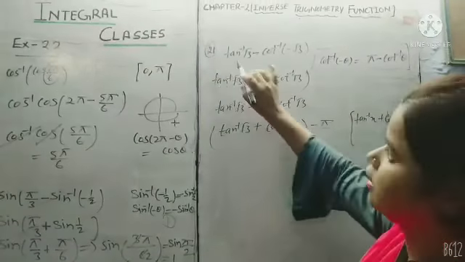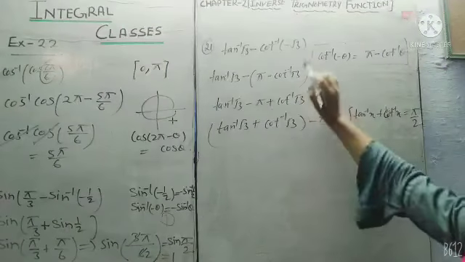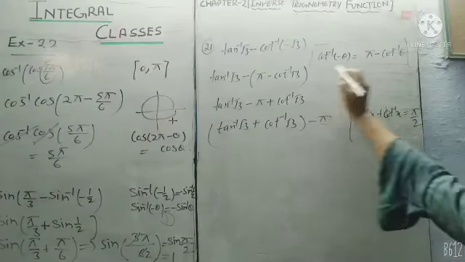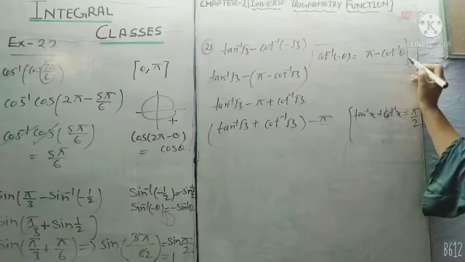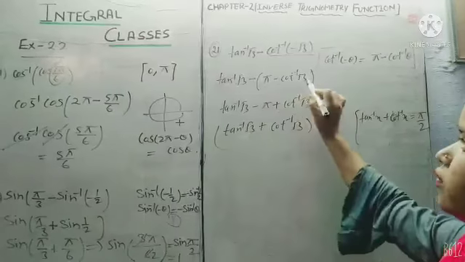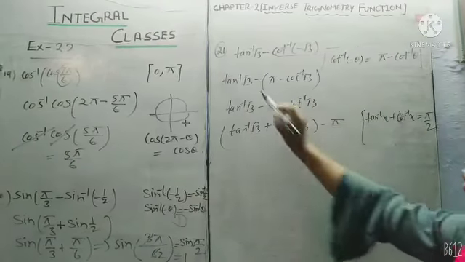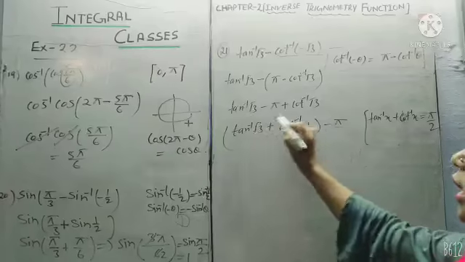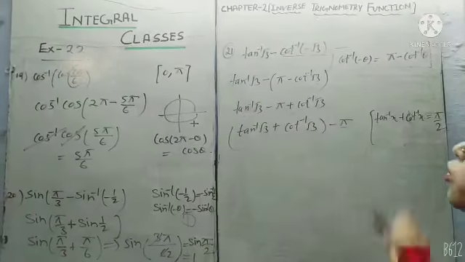Question number 21. Tan inverse root 3 minus cot inverse of minus root 3. So student, we will use this property: cot inverse of minus theta equals pi minus cot inverse theta. So now we replace by pi minus cot inverse theta, where theta is root 3. Now open the bracket, then we get tan inverse root 3 minus pi plus cot inverse root 3.